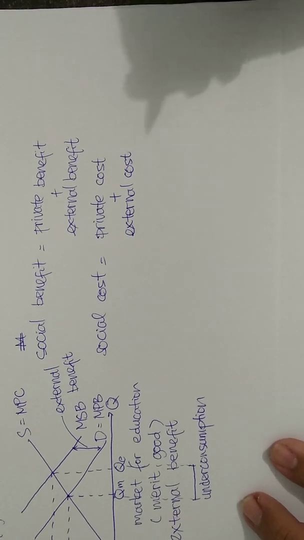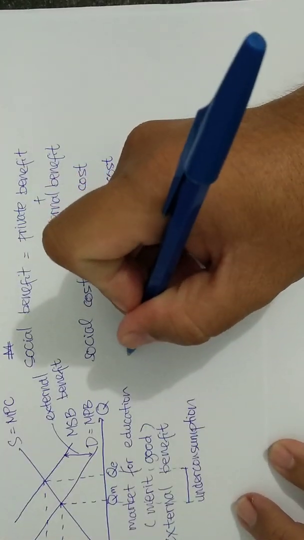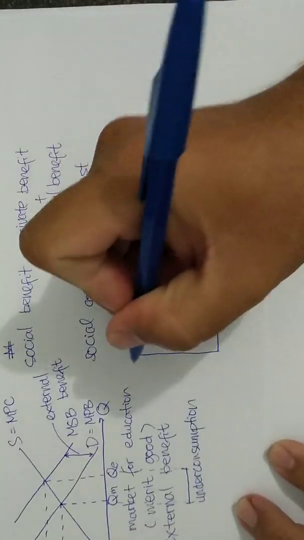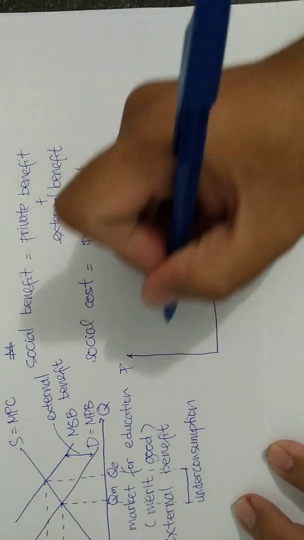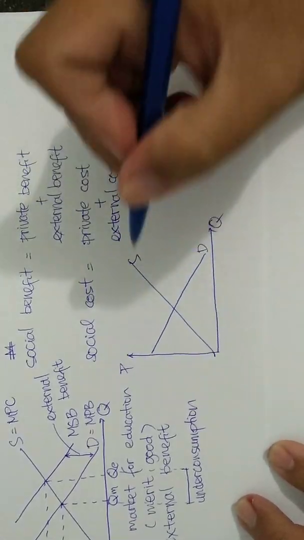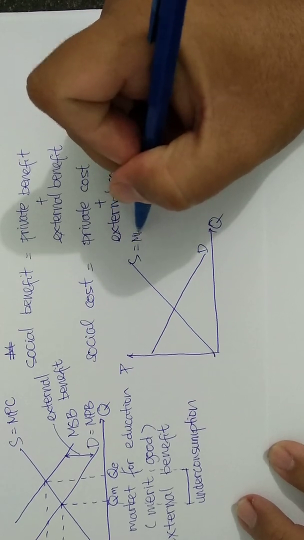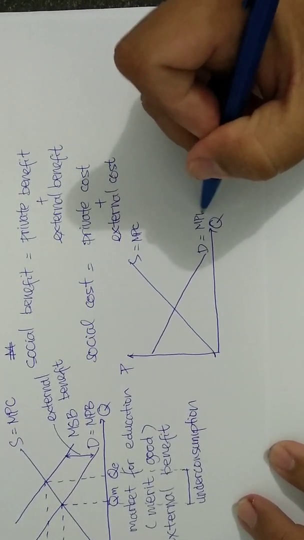Okay? Now let's try to draw the diagram of demerit good. Okay, this is the market diagram: price, quantity, demand, and supply. Okay, supply is the marginal private cost. Demand is the marginal private benefit.